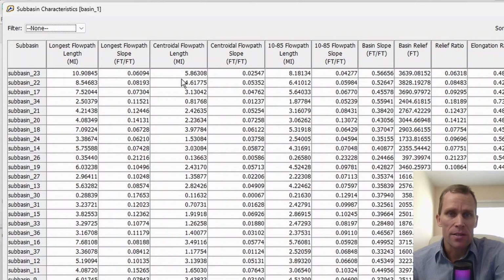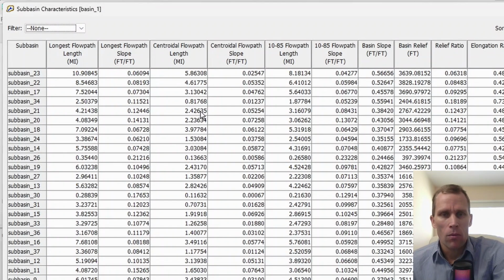Next over is the centroidal flow path length, and the centroidal flow path length is a subset of the longest flow path. So it starts at the subbasin outlet and then it continues upward along the same path as the longest flow path, but then it stops when that longest flow path is closest to the centroid of the subbasin.